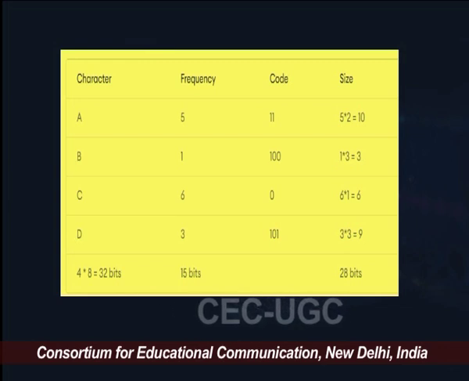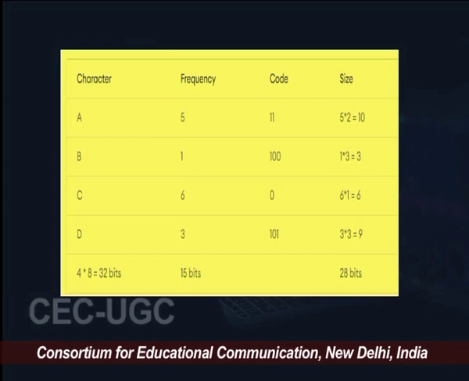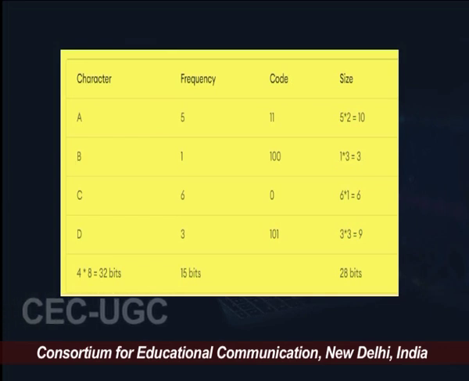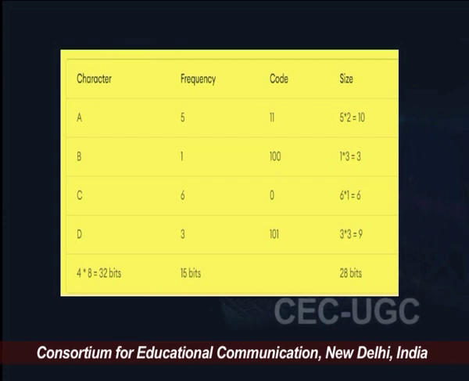And then D, for which the frequency is 3 and we have the code 101. So, 3 multiplied by 3 bits is 9. The total size here comes out as 28 bits, and then 4 into 8, 32 bits for the characters.